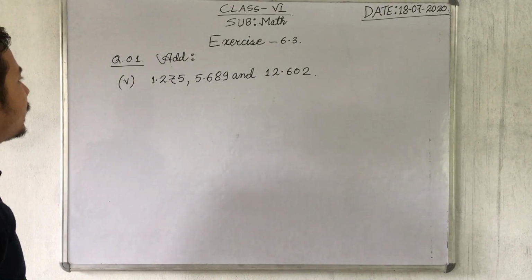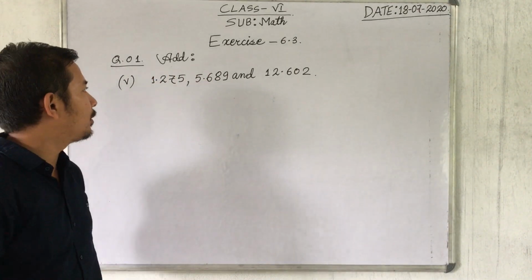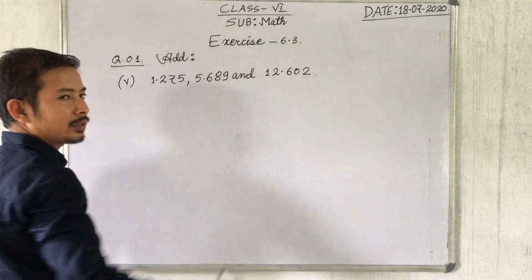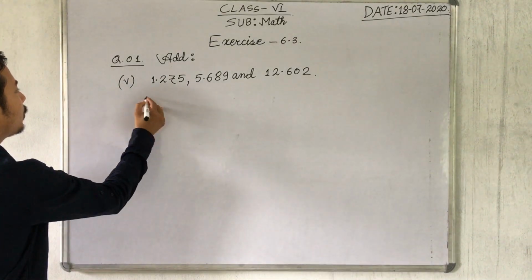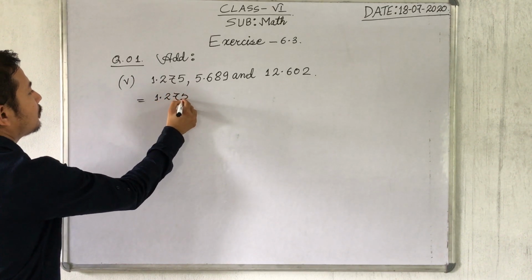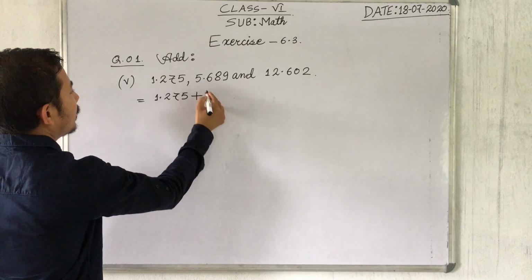In question number 5, there are 3-decimal-place numbers given. Okay, so in place of the commas and 'and' we have to put a plus sign in this case. Okay, look at here, 1.275, in place of the comma and I'm going to put a plus sign here. Understood?